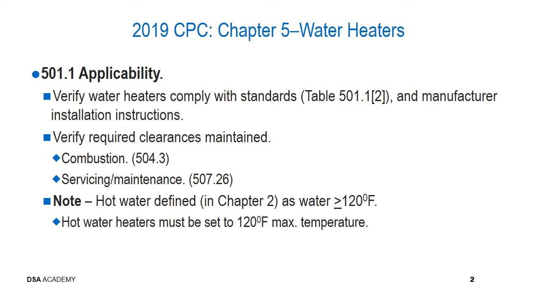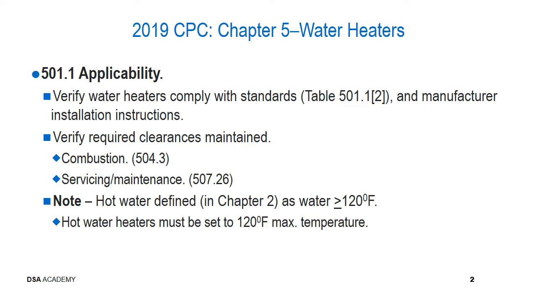And the installation has got to comply with the manufacturer's installation instructions, which we will restate repeatedly throughout these chapters. The product inspector's got to verify that the required clearances are maintained, and the clearances are clearances for combustion, obviously because of fuel gas supply and combustion, and also the servicing and maintenance clearances.